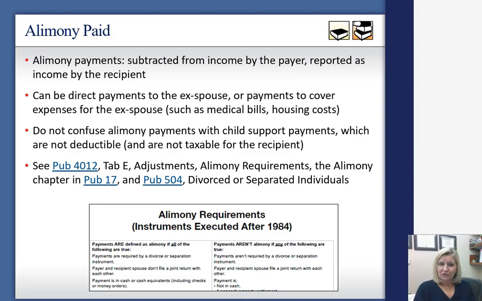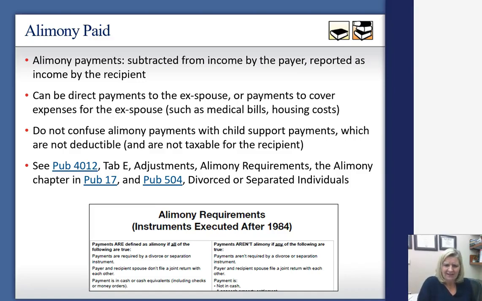I've already mentioned alimony paid and alimony received in the income section of the videos, but alimony paid is deductible if it is in 2018 or earlier, and if it's also executed after 1984.